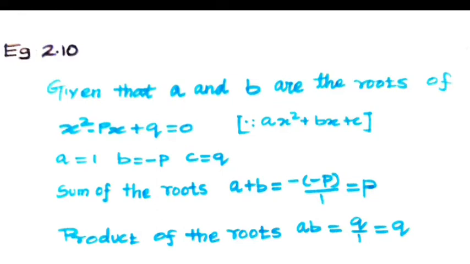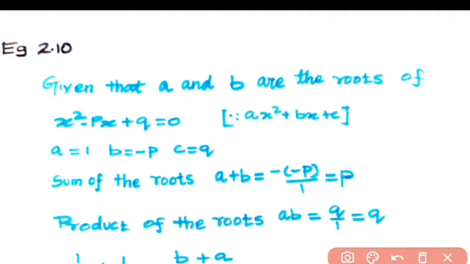Given that a, b are the roots of the equation x square minus px plus q, this is of the form ax square plus bx plus c equal to 0. So compare these two equations.